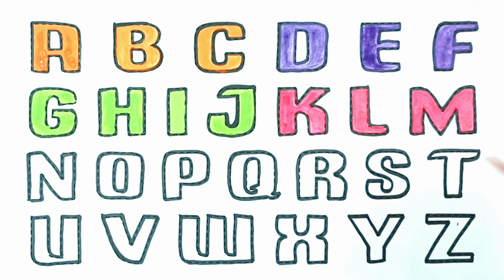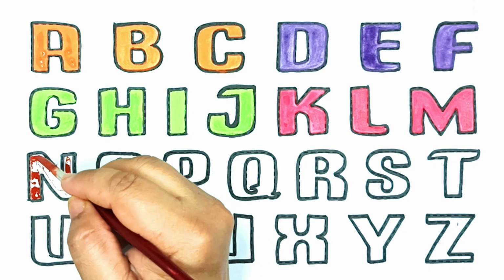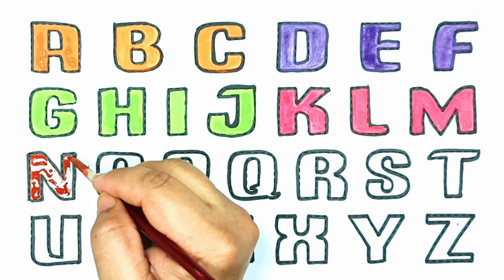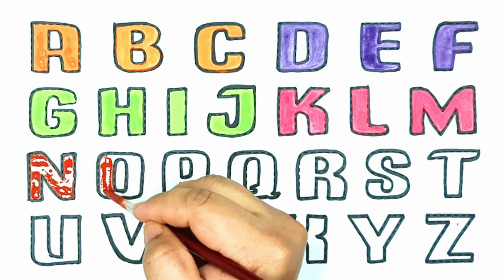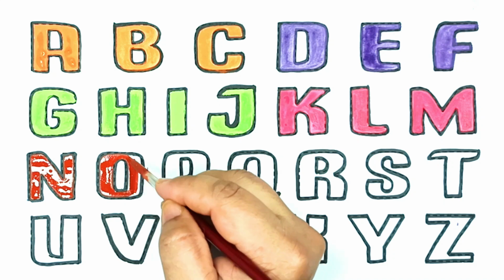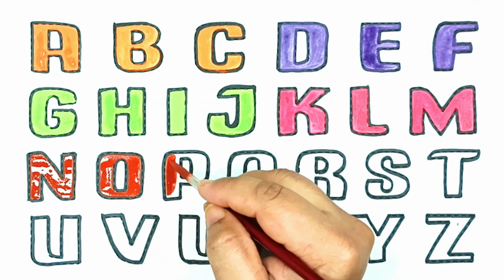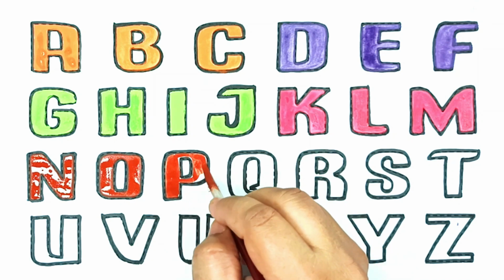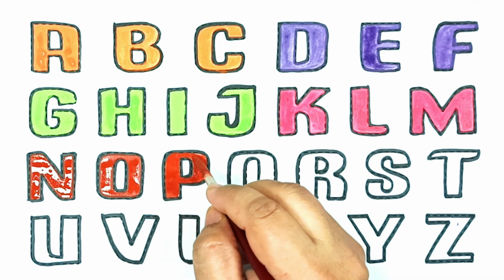M for man. N for net. O for onion. P for pen.